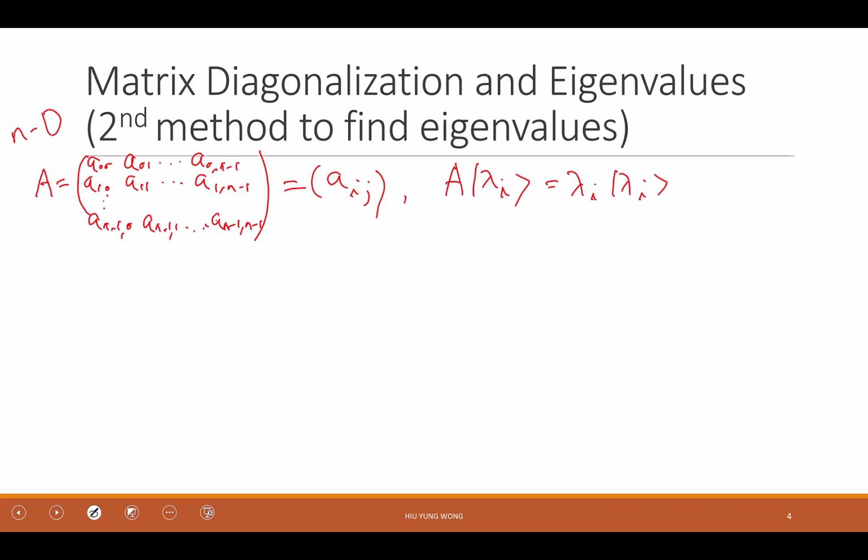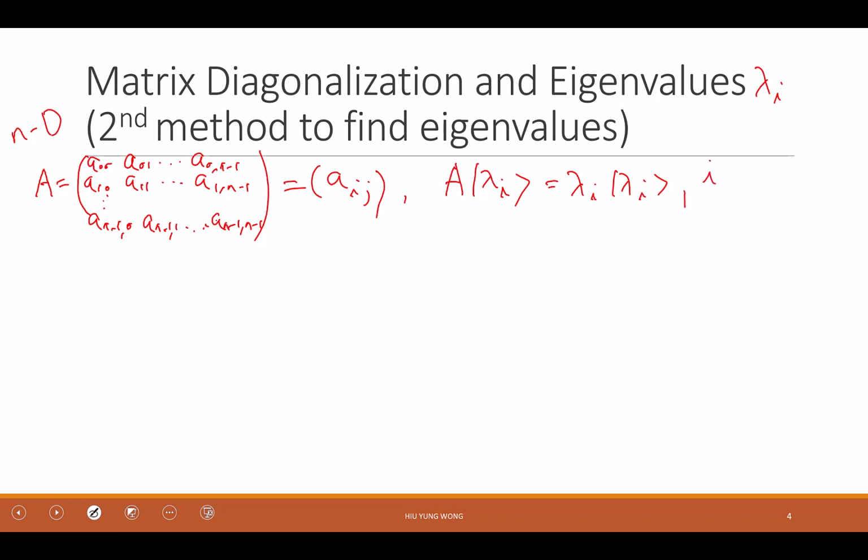So this is lambda I. How many eigenvalues does it have? It can be repeated. How many eigenvectors does it have for n-dimensional? It should have n of them.